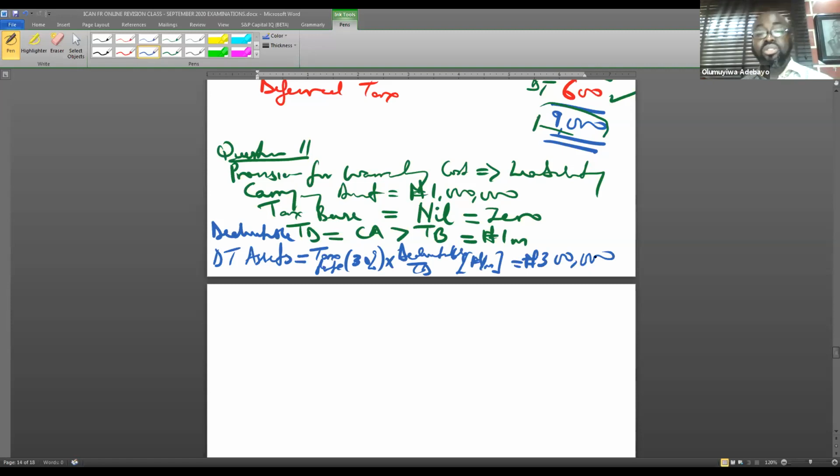Which means the implication you are going to describe is that, first, this transaction gives rise to a deductible temporary difference of 1 million naira. Given that the tax rate is 30%, the entity will have to recognize a deferred tax asset of 300,000, which is 30% of 1 million naira.